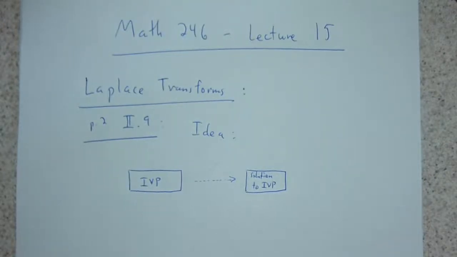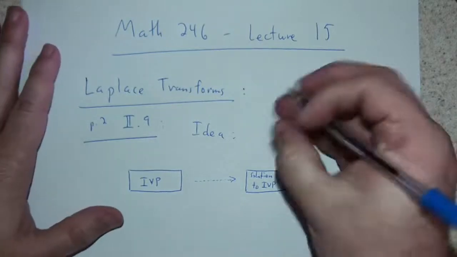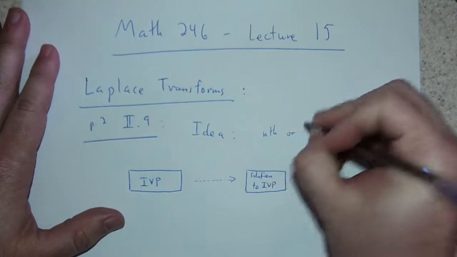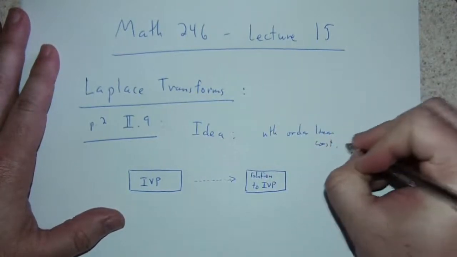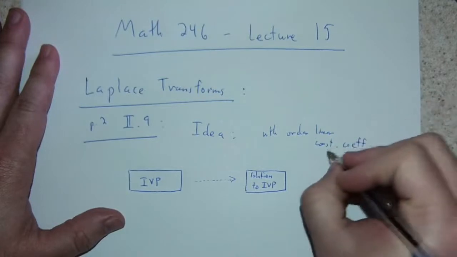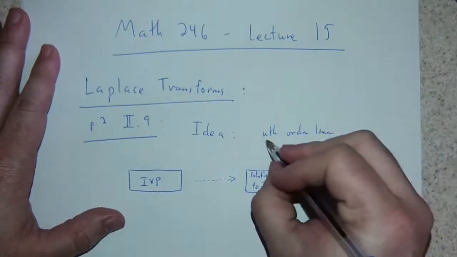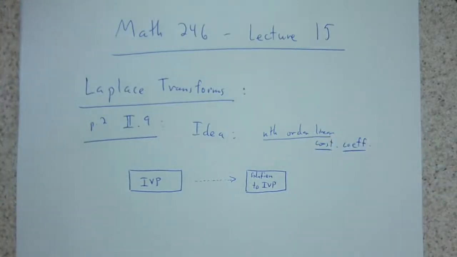Now, we've been doing this, and of course we can do this for nth order linear constant coefficient equations. So again, we are applying this only in the case of constant coefficients, only in the case of linear equations. Typically we're going to be doing this for second order equations, just because it's an easier thing to do and makes the computations less tedious.